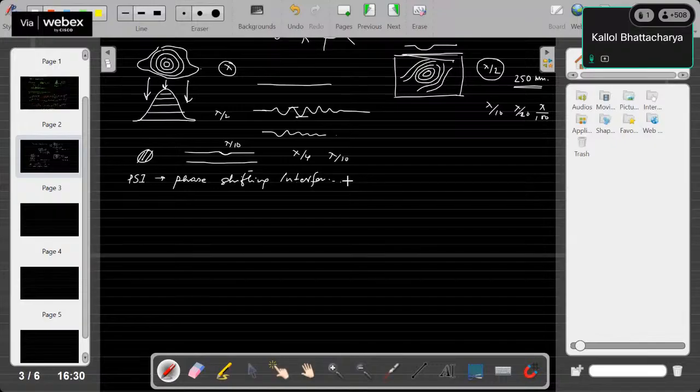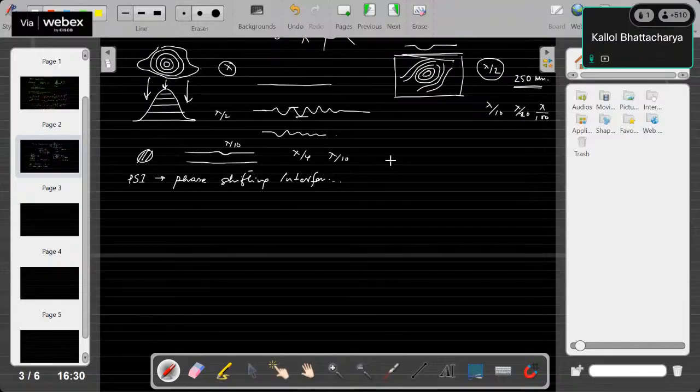Now phase shifting interferometry has the potential to evaluate phases, or optical path difference, of the order of nanometers or even less. The principle is very simple. I'll tell you in summary because we have another chapter to cover, which is diffraction.